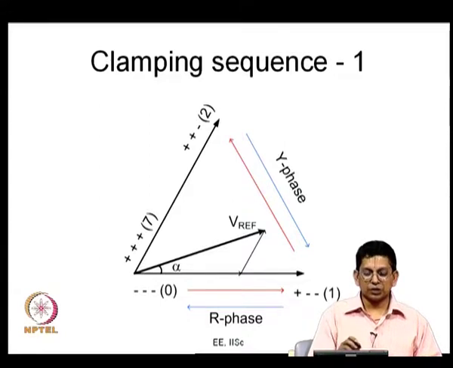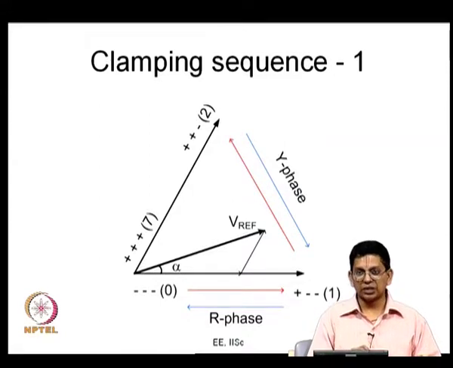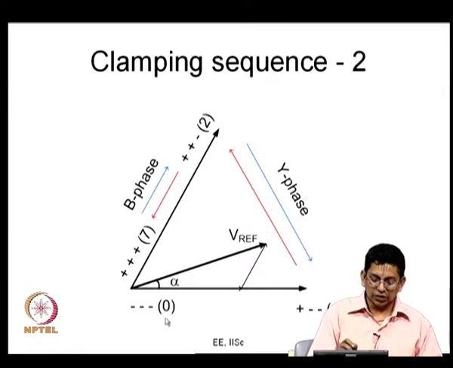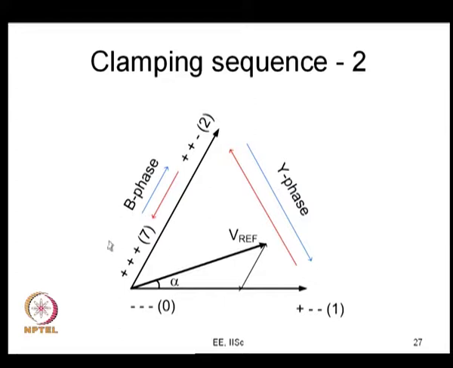This is one possible clamping sequence. There is another kind of clamping sequence. What is that? You can totally ignore this 0 state minus minus minus. Instead, you can use the 0 state plus plus plus. So, let us say you start from plus plus plus. You apply this for tz seconds.